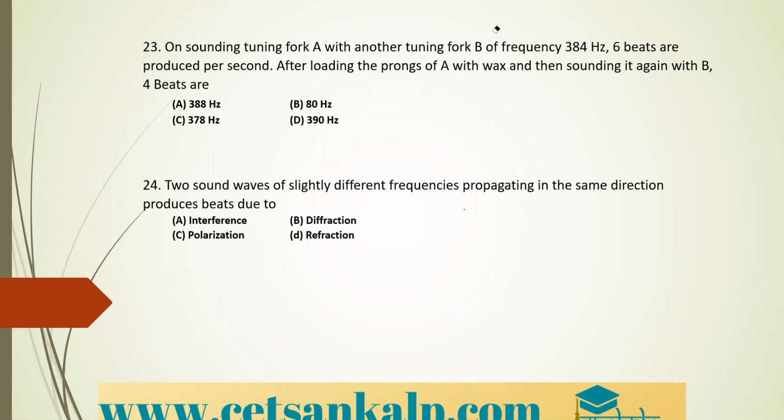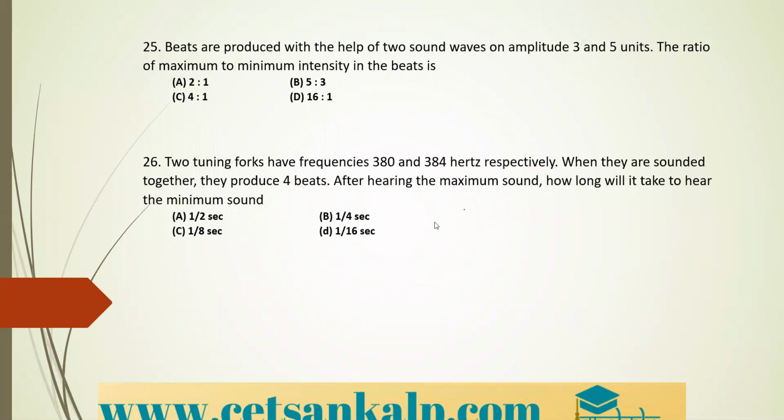So our next question is, beats are produced with the help of two sound waves of amplitude 3 and 5 units. Their amplitudes are given, that is 3 and 5.